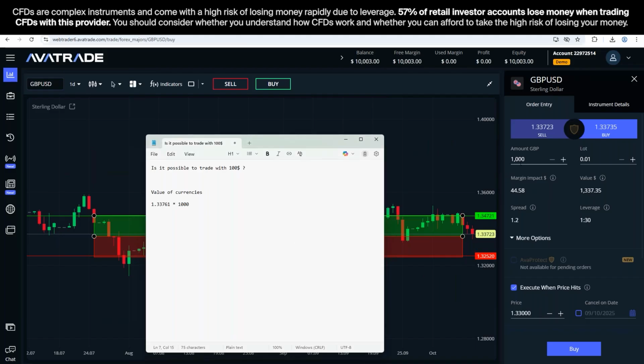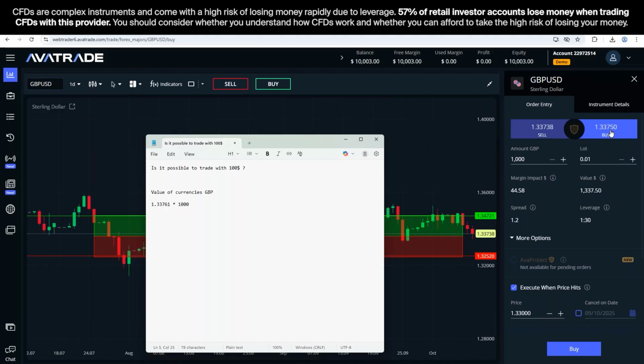So basically, when we're looking at the quantity in here and we compare it with the value, what actually happens is the value that we see will be multiplied by the quantity to give us the total value. Again, value multiplied by quantity equals total value. So we've got the value of currencies, GBP.